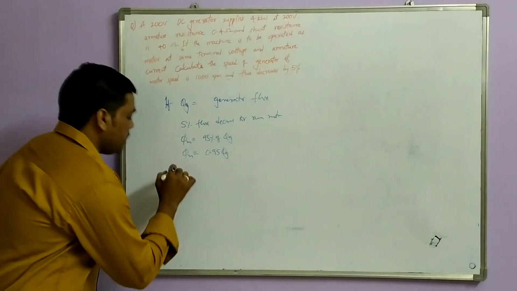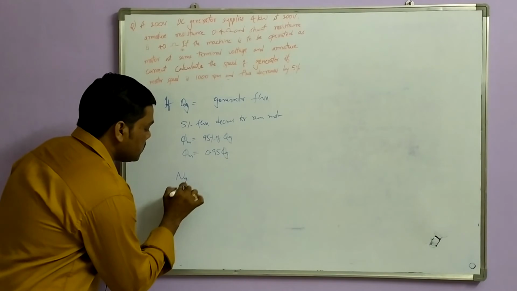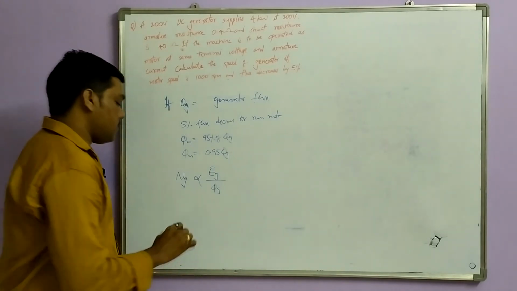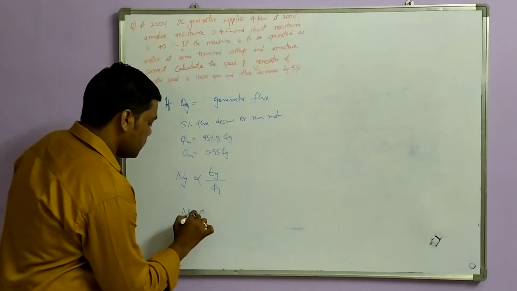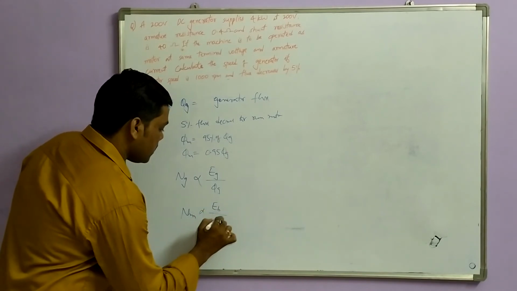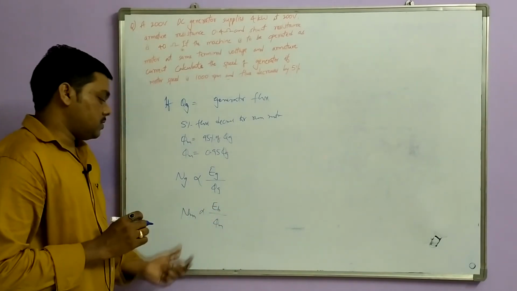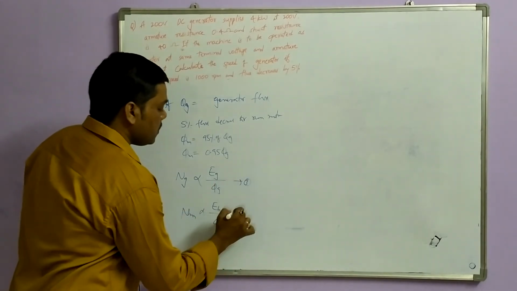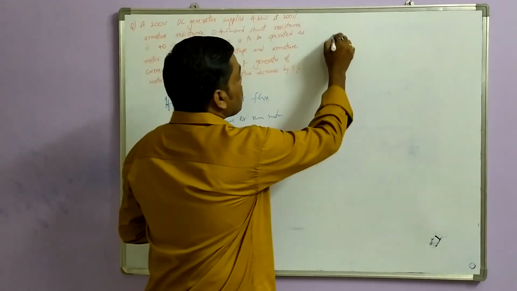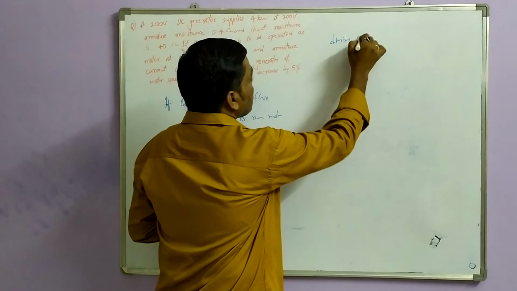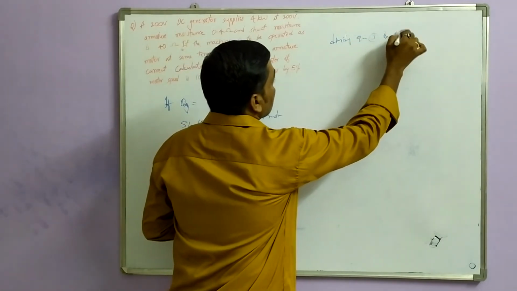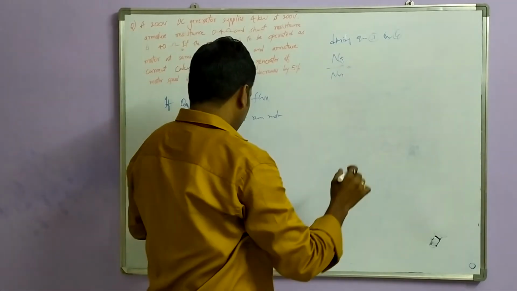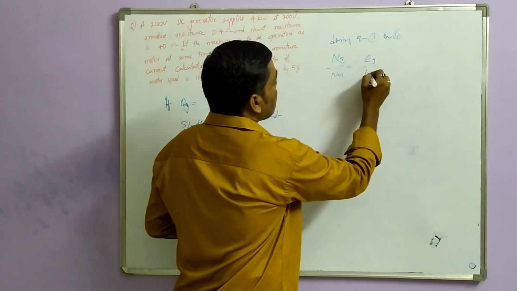So from equation 3 and 4 we can write, generator speed is proportional to generated EMF by generator flux, and motor speed is directly proportional to back EMF by motor flux. Now dividing equation 3 by 4, what you will get, Ng by Nm is equal to Eg by Eb.